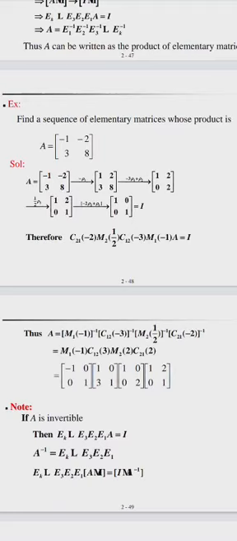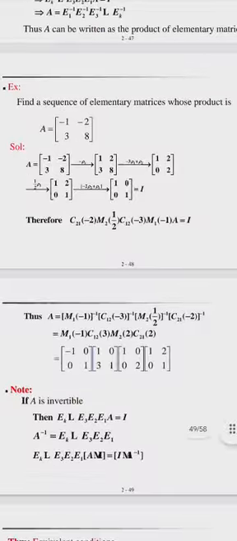Next, apply minus 3 times row 1 plus row 2: the first row stays the same, 1 2, and the second row becomes 0 2.